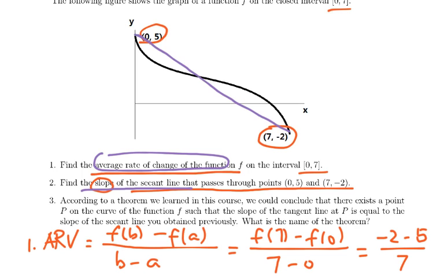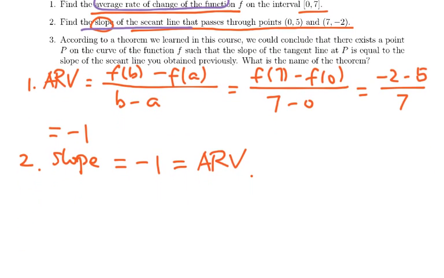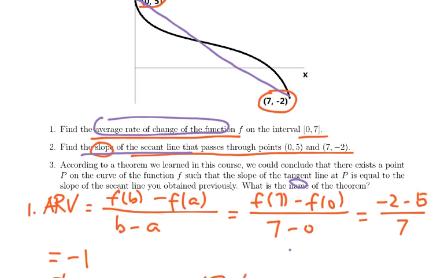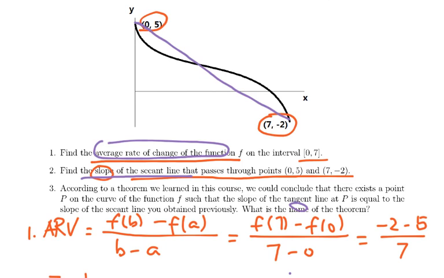For the third part, according to a theorem we learned in this course, we can conclude that there exists a point P on the curve of the function f such that the slope of the tangent line at P is equal to the slope of the secant line you obtained previously. We want to determine the name of this theorem. We already have the secant line on the graph, in purple.